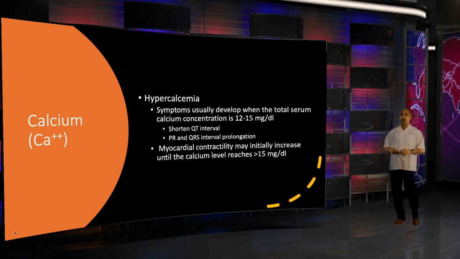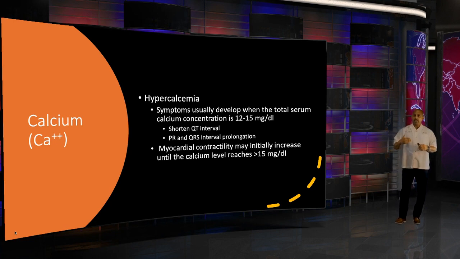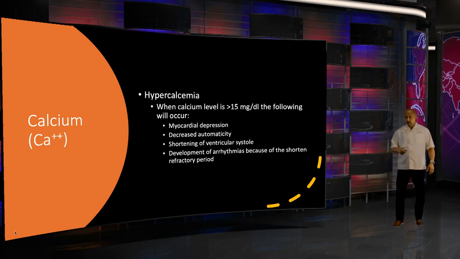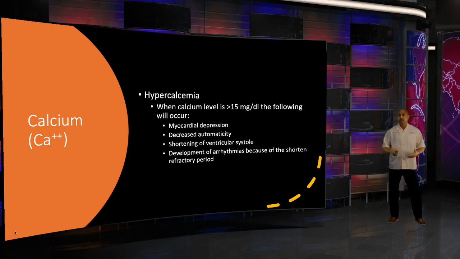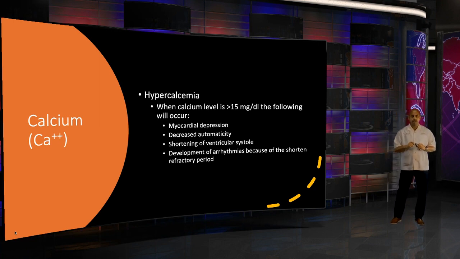Myocardial contractility may initially increase until calcium levels get greater than 15, and then things are going to start to shut down. We've got a major problem at that point. When calcium levels are greater than 15, we start seeing myocardial depression. We don't want to see that. The last thing you ever want to do is depress the myocardium.